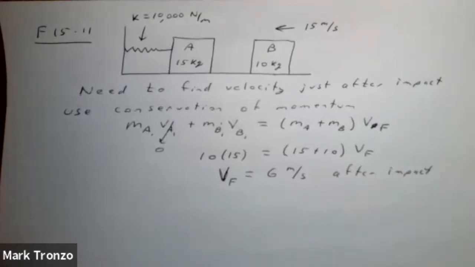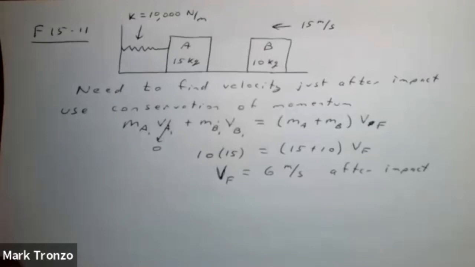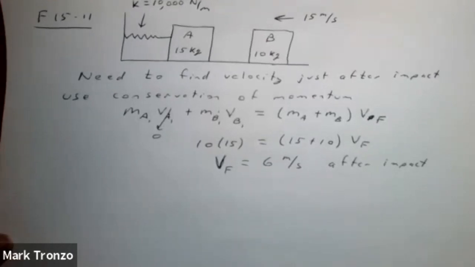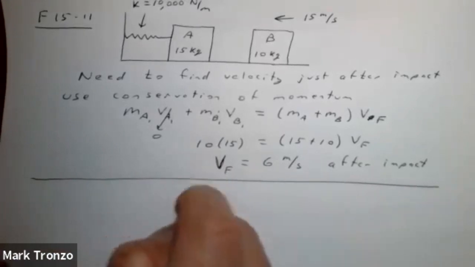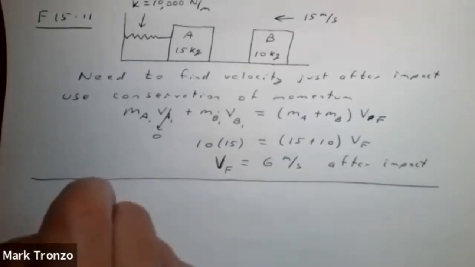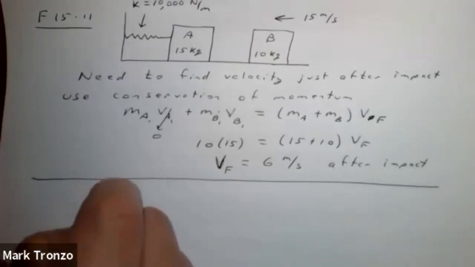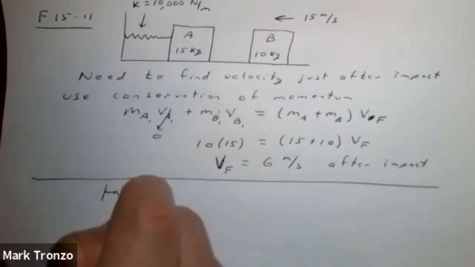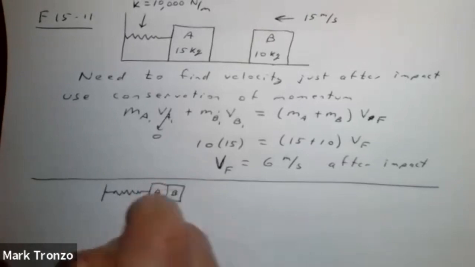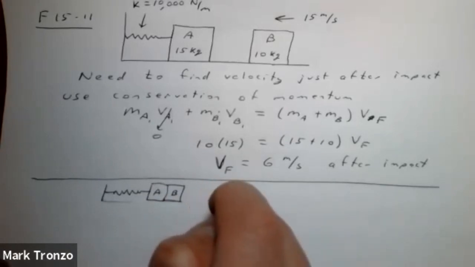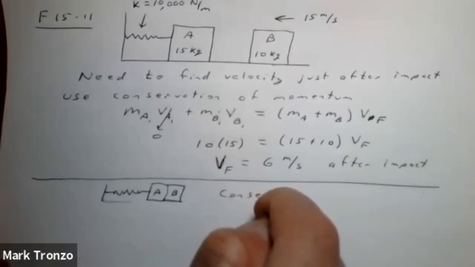So now that we found that, this becomes a problem that you did in the last chapter, like on the last exam. Once again, we can use conservation of energy, because what we have now is something contacting the spring. These two masses move together now and become one after impact.